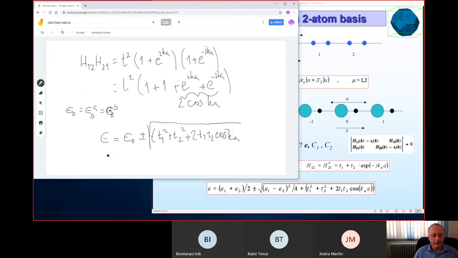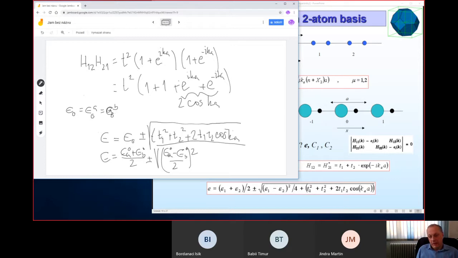Okay, and for the second case, if we have different energies but the same transfer integral, it is (a0 + b0)/2 plus or minus the square root of ((a0 − b0)/2) squared, and so on.